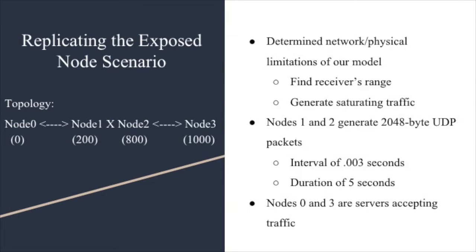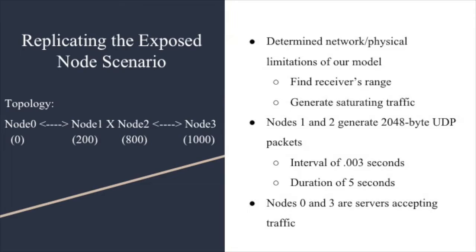So now that we have all of our parameters set, we decided to replicate the exposed node scenario. This little text representation of our topology is analogous to the graphic that we showed before. It is the standard exposed node setup, and those numbers underneath the various nodes represent their positions.